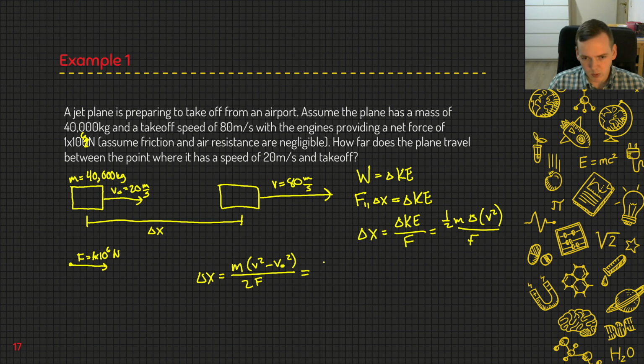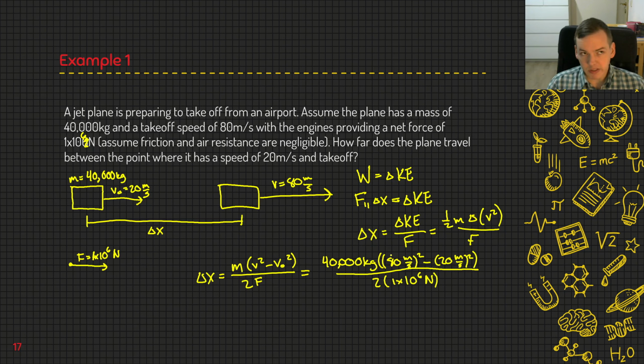This in turn will equal 40,000 kilograms times 80 meters per second squared minus 20 meters per second squared, divided by 2 times 1 times 10 to the 6th newtons.